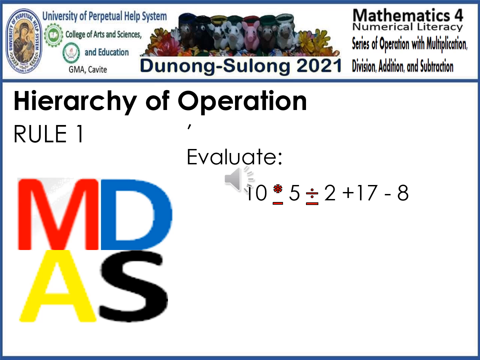Let us identify rule 1, which is multiplication or division must be operated first before addition or subtraction. Let us evaluate 10 multiplied by 5 divided by 2 plus 17 minus 8.